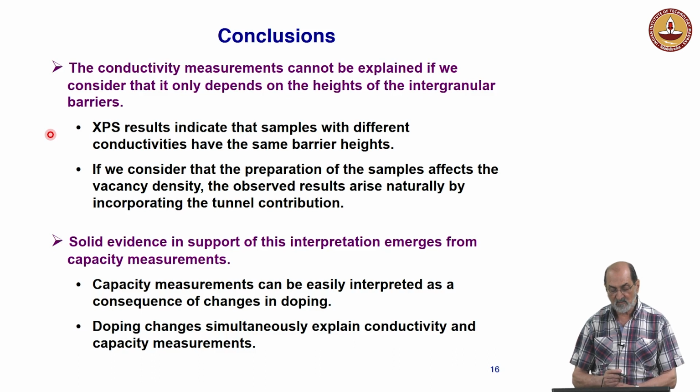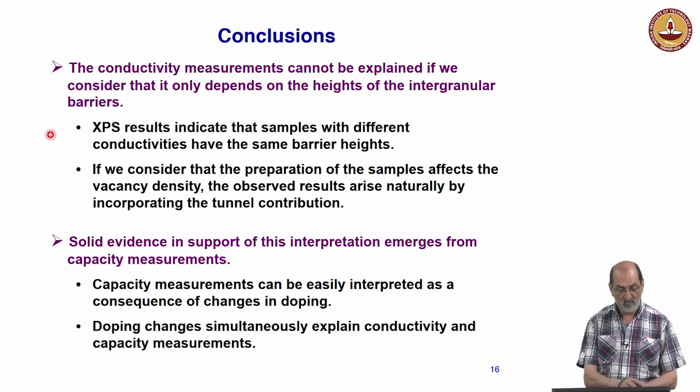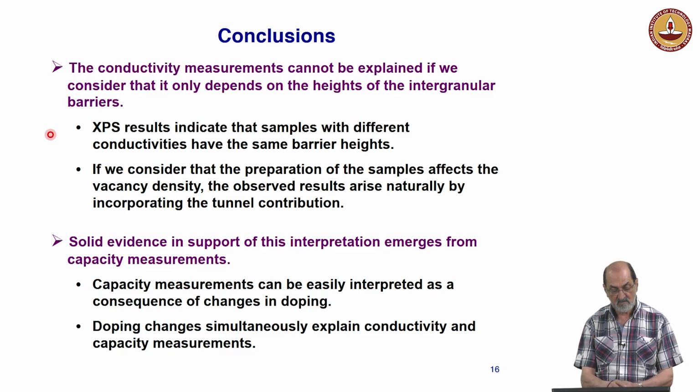If we consider that the preparation of the samples affects the vacancy density, we suppose that is the case. We have proof for that. The observed results arise naturally by incorporating the tunnel contribution. And also we have been making capacitance measurements, and there is solid evidence that the capacitance changes abruptly.